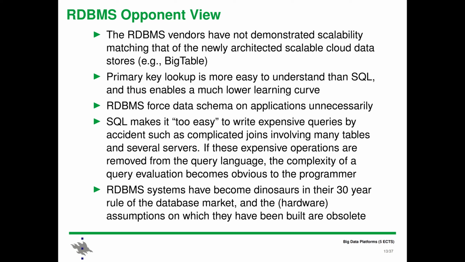Okay, then the last point, which is a bit like punching under the belt. Relational database systems have become dinosaurs in their 30 years rule of database market, and thus the hardware assumptions on which they have been built are obsolete. This is an interesting quote, and part of it is true. The hard disks haven't sped up a lot in the last 30 years in relative terms.